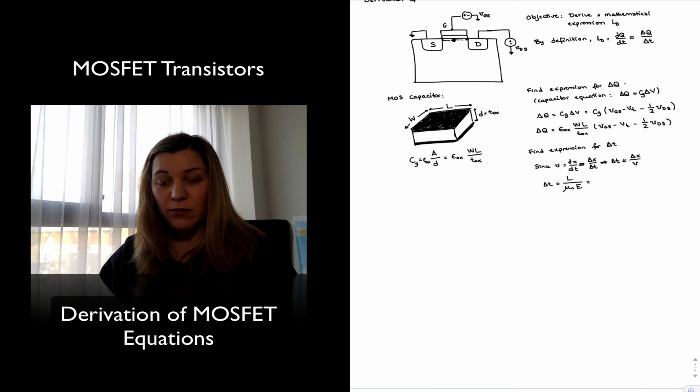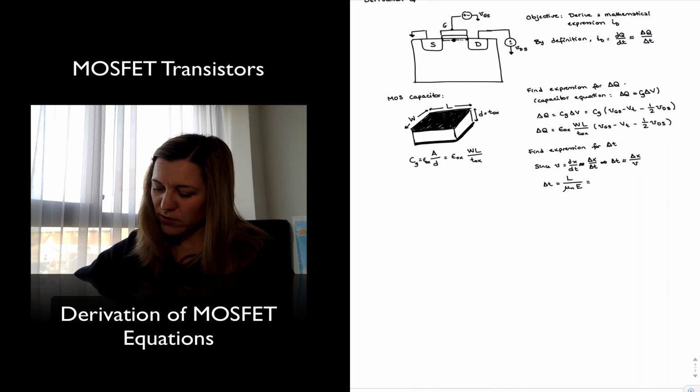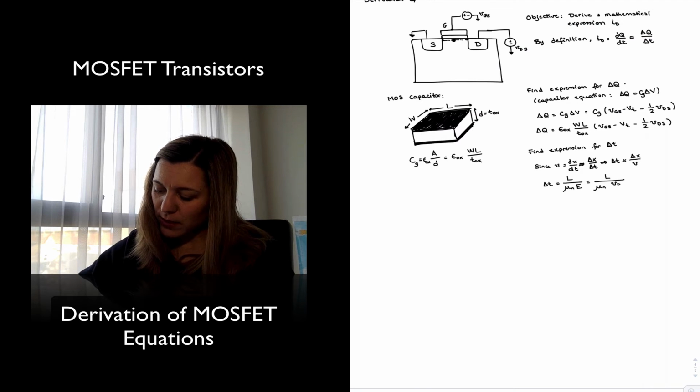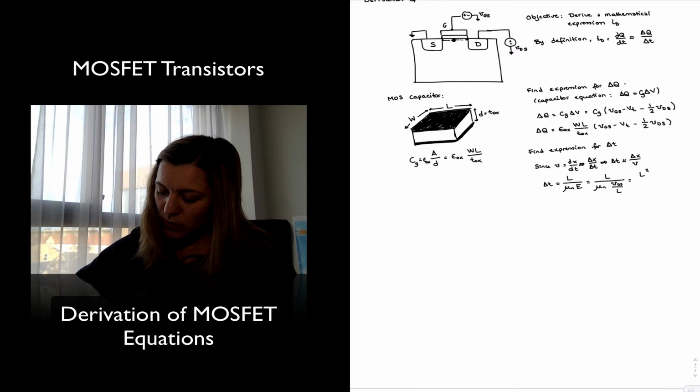Specifically, the relationship between the electric field and the voltage applied is given by the length of that channel. And so this can be written as L divided by mu sub n times VDS divided by the length of the channel. Or I can rewrite that as L squared divided by mu n VDS.